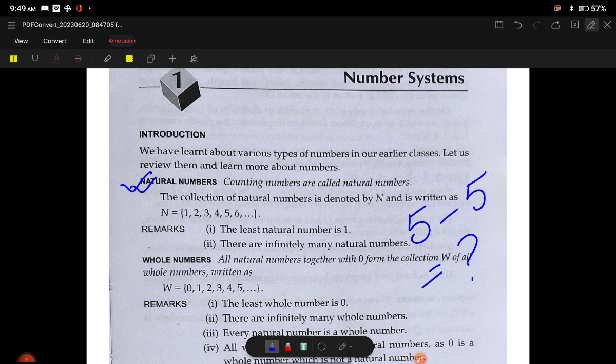You cannot write 1, 2, 3, 4, 5. You will say I will have nothing, nothing left with me. So this nothing is symbolically denoted by 0.